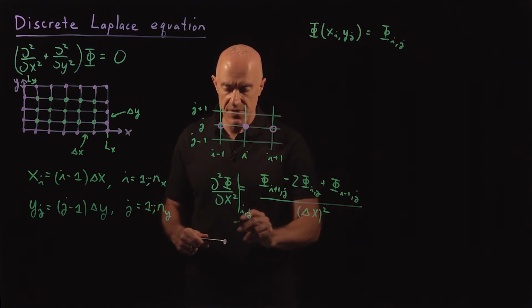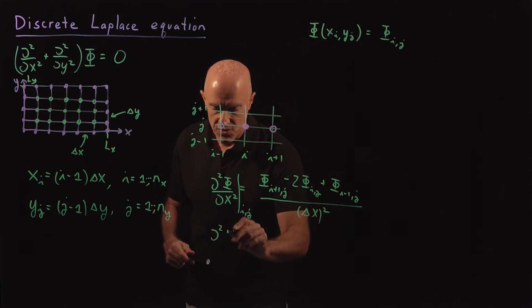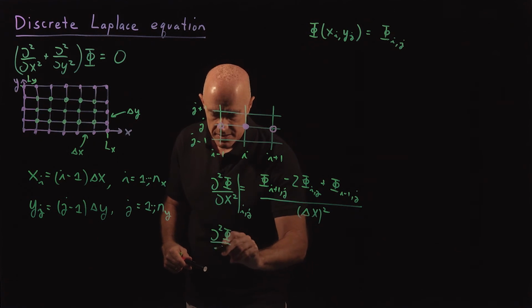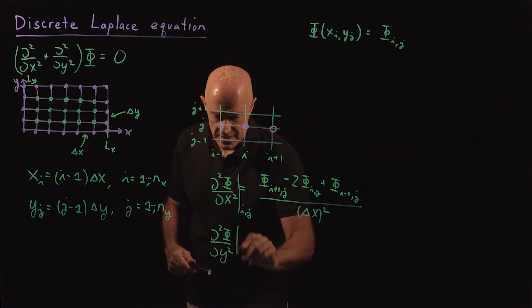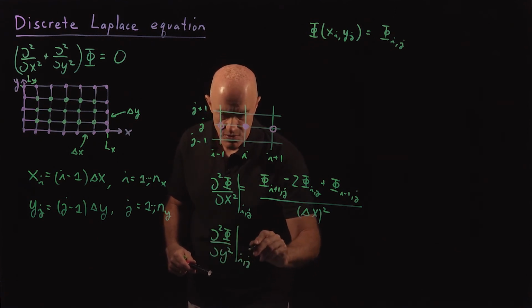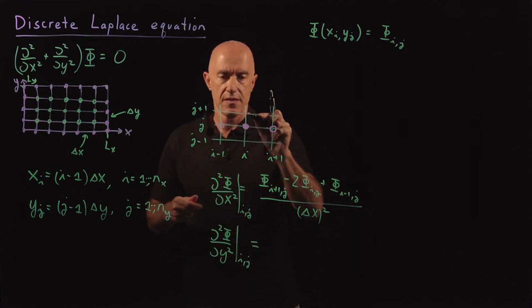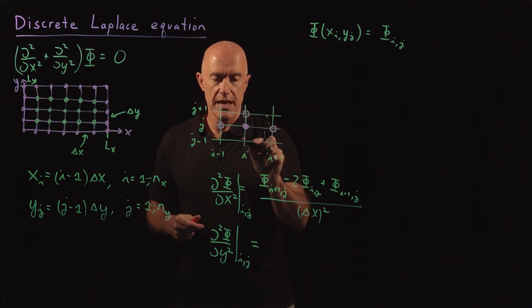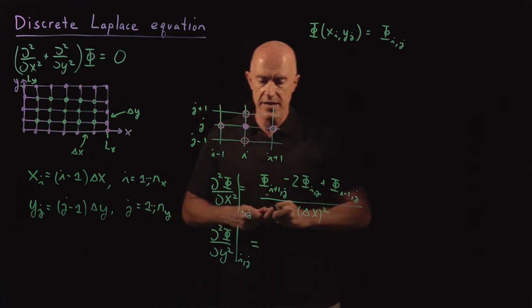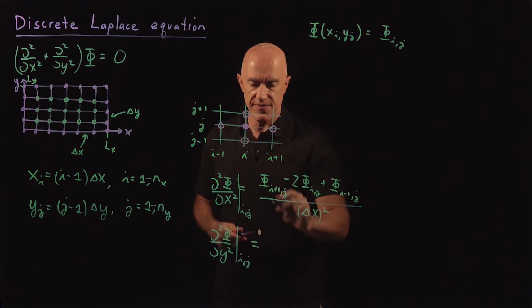We can do the same thing with y. So d squared phi dy squared at the ij grid point. Right? Here we'll need this point here and the point underneath here. So i is fixed here.